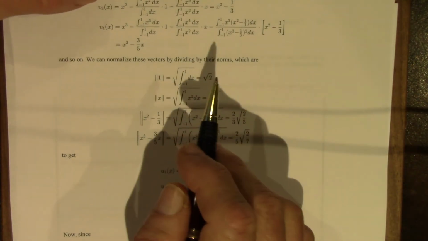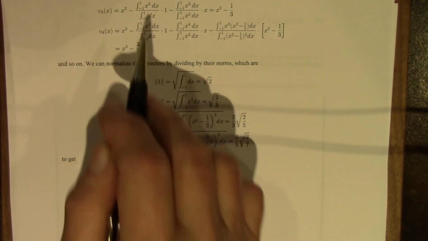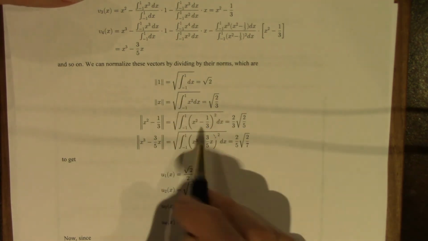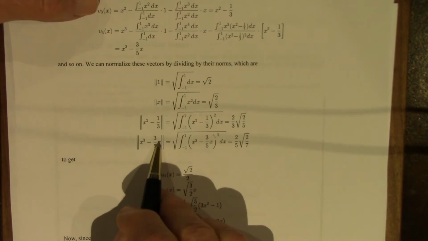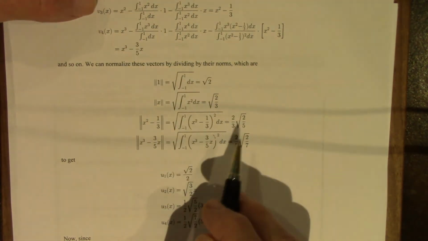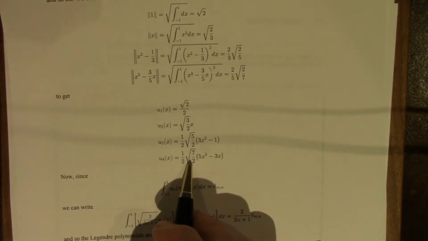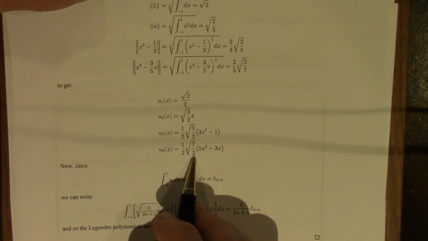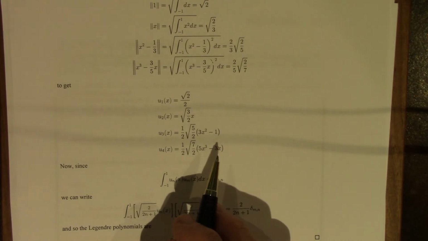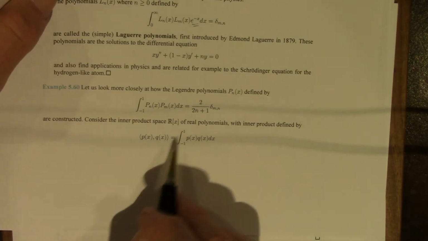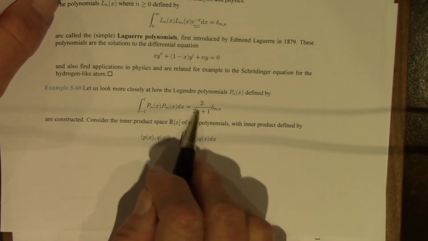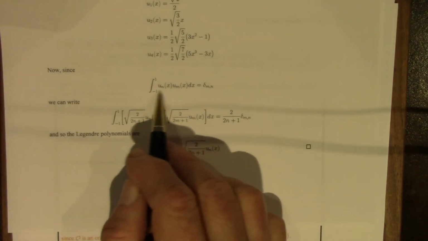We can first normalize these polynomials. Those aren't the Legendre polynomials yet, but we normalize. So these are the norms of the polynomials we've collected so far. These are the normalized polynomials. So their inner product would be equal to just delta mn without this factor here. So this is what it looks like.